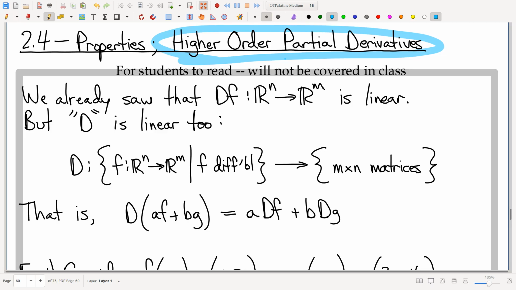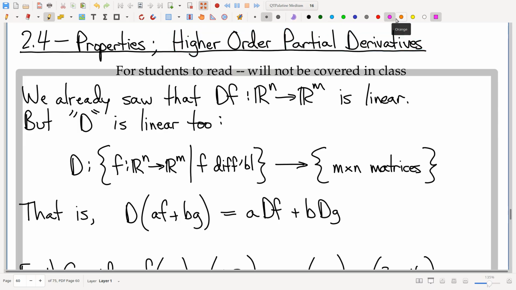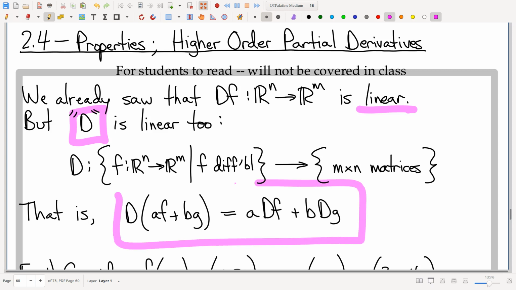If you have some multivariable function, you talk about a partial derivative, and you can then ask, what would happen if I took a partial derivative of that? We're going to talk about geometric interpretations of higher order partials momentarily. Real quick, I do want to remind you that the act of differentiation is linear. Ultimately, this is all that means.